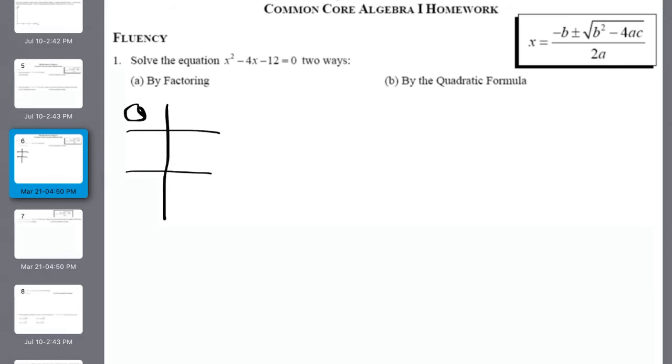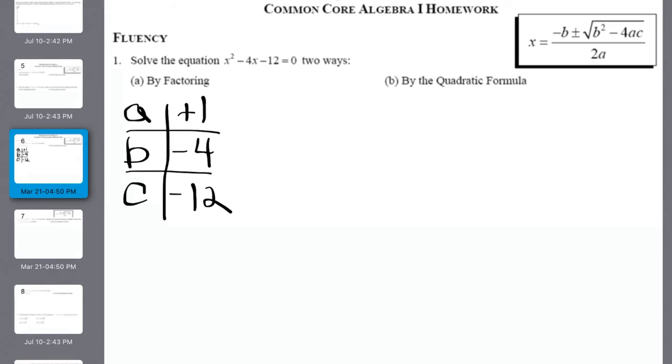And I say, well, what's my a, what's my b, and what's my c? Here, the a is the coefficient of the x squared, so it's going to be positive 1. My b is going to be negative 4. And my c is going to be negative 12.